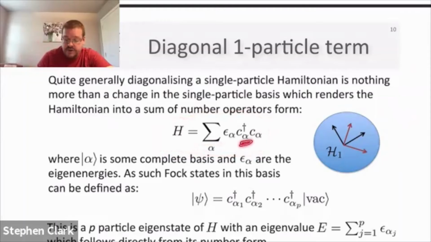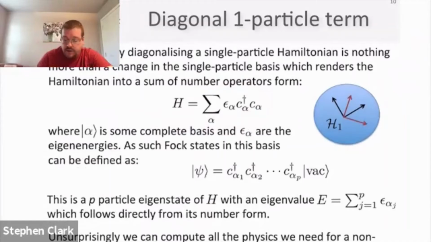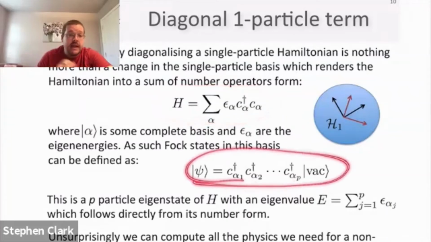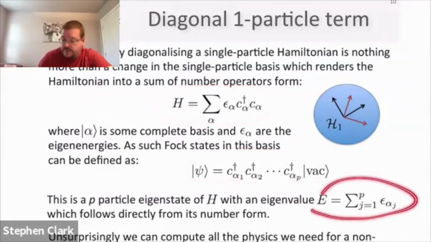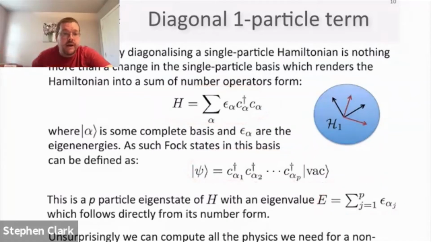In this case, I've chosen alpha to be the eigenbasis now, rather than K. So any state where we put particles in any of the alpha states will be an eigenstate. It's a many particle eigenstate, and its energy will simply be the sum of the single particle energies of all the states that we've populated with particles.